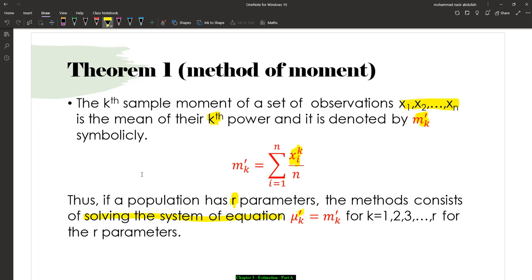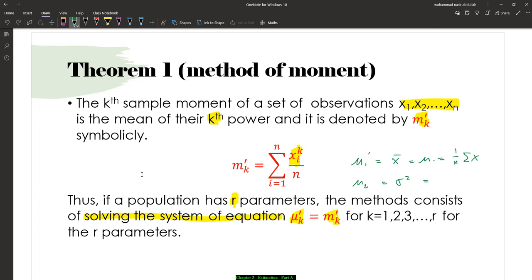equations mu k prime equal to m k prime, which is also equal to, let's say you want to find the first moment about the origin should be equal to x bar, or equal to mu, right? The second moment about the mean should be equal to sigma square, right? And this should be equal to 1 over n summation of, right?